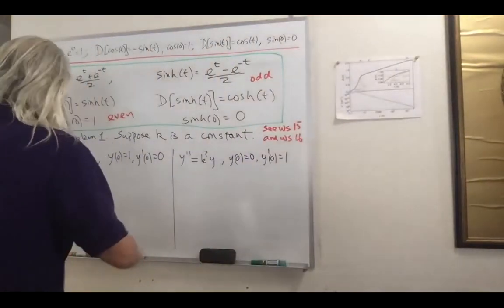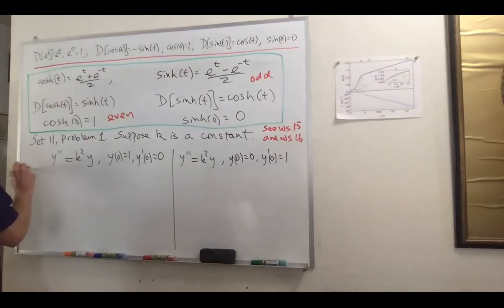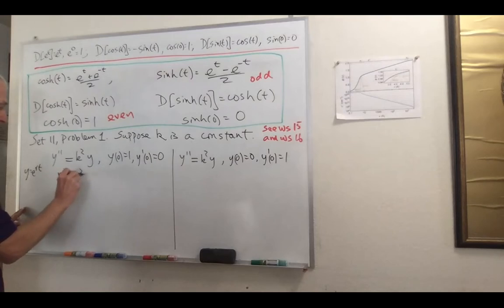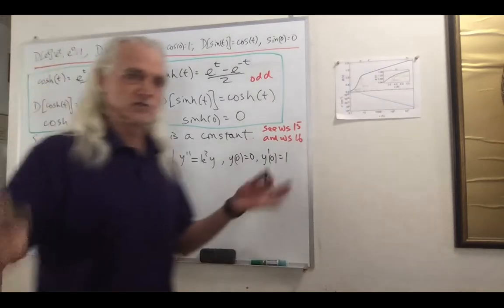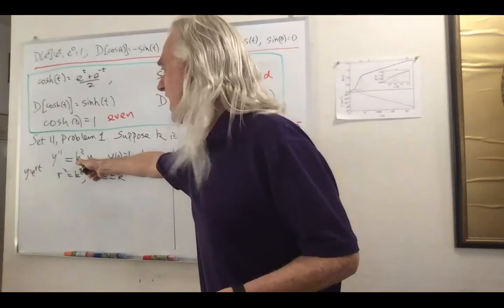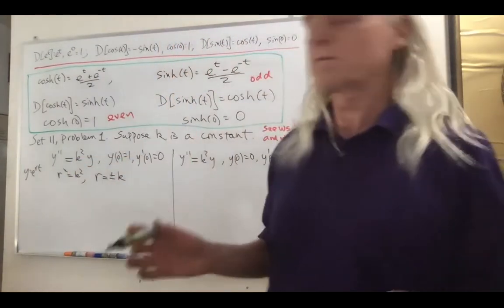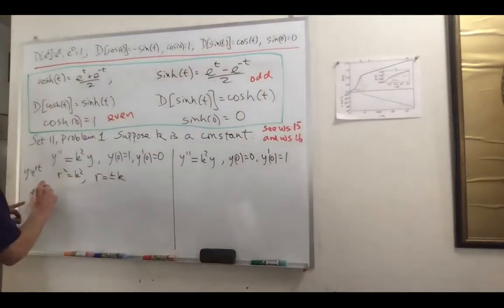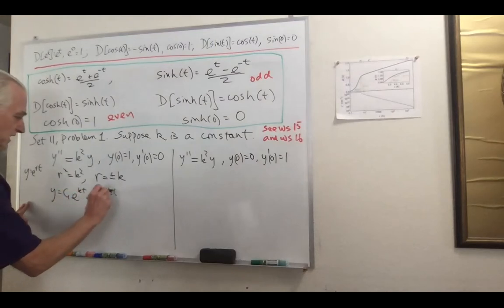All right, so let's actually do these problems. If I plug in y equals e to the rt, I get r squared is k squared. That means that r is plus or minus k. I know it can freak you out because it's not a number like 9, where k squared is 9 and k would be 3. But it's okay. So the general solution is y is c1 e to the kt plus c2 e to the minus kt.